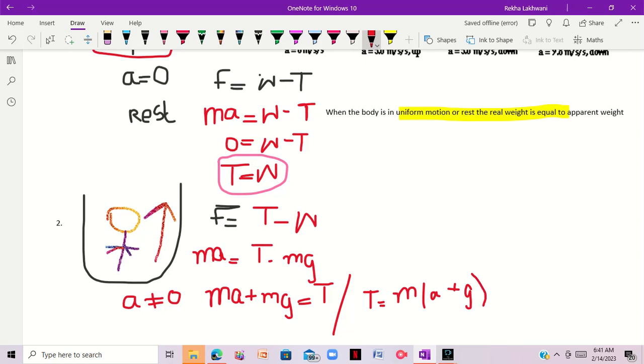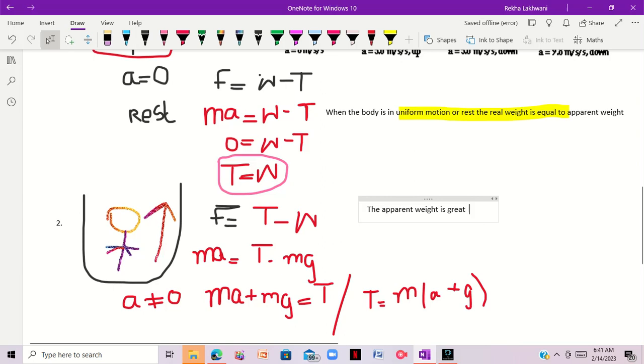So this will be the formula. The acceleration plus the gravity both join together, and then the tension, the apparent weight, will be formed. So we can say here the apparent weight is greater than the real weight. The apparent weight is greater than the real weight, right?